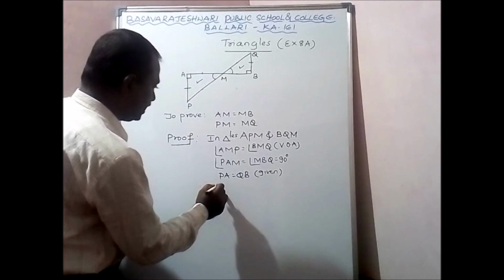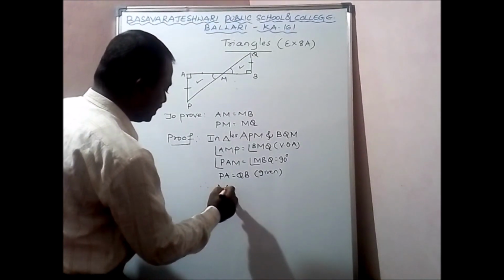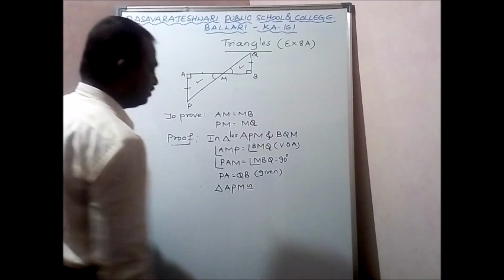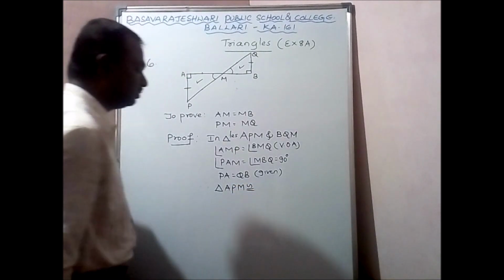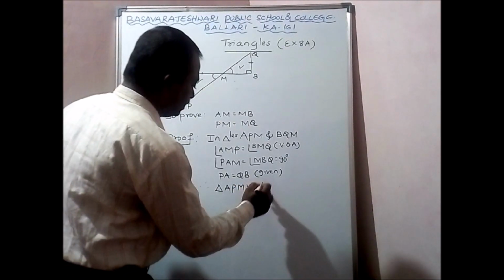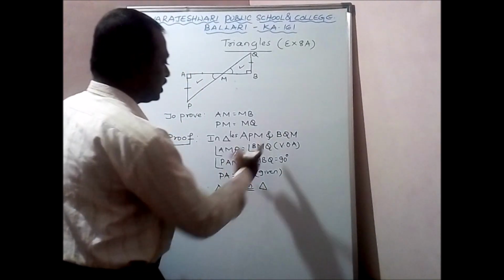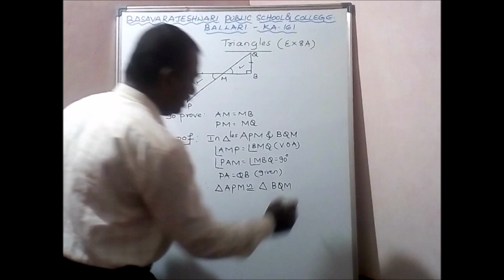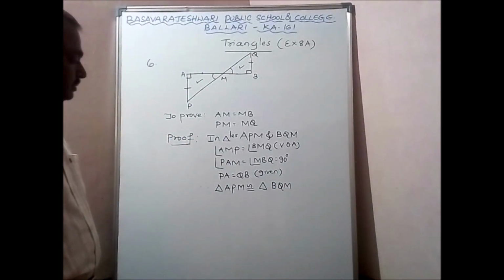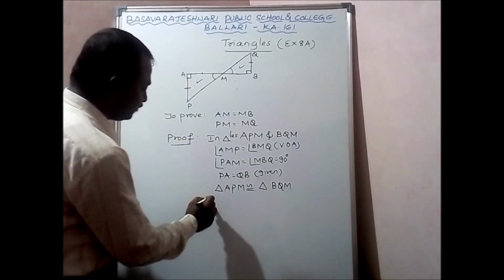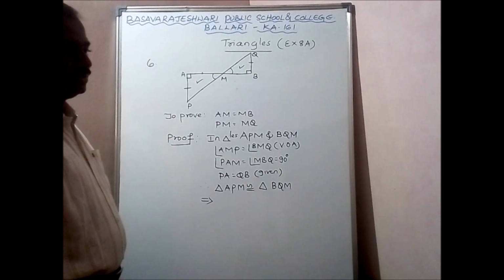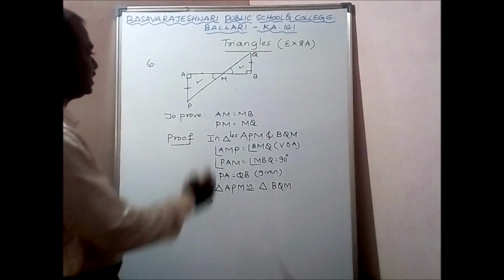Therefore, we can say triangle APM is congruent to triangle BQM. So if two triangles are congruent, then the corresponding sides are also equal to each other.